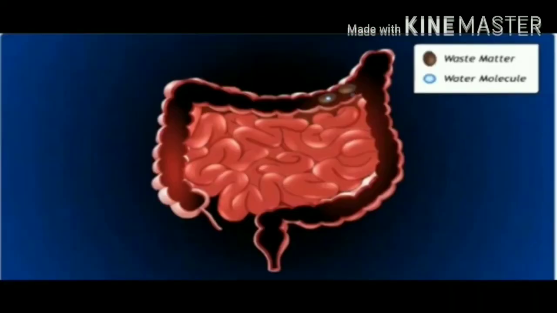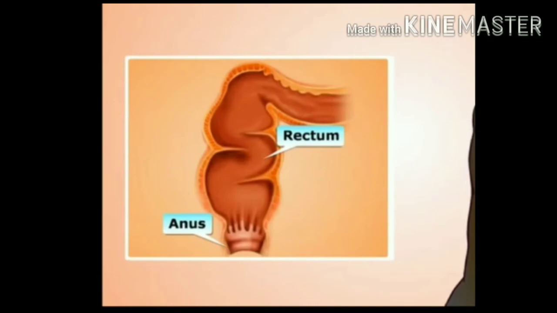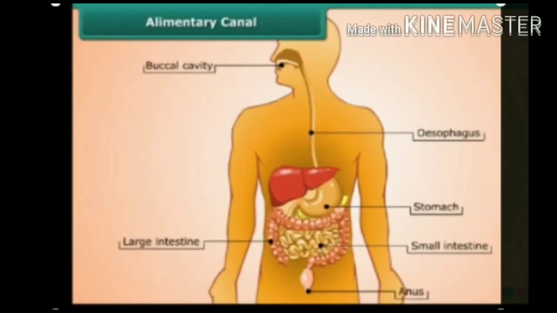Its function is to absorb water and some salts from the undigested food material. The remaining waste passes into the rectum and remains there as semi-solid feces. The fecal matter is removed through the anus from time to time, and this is called egestion. The last step in animal nutrition is egestion.